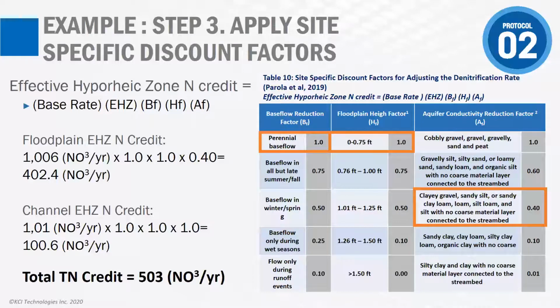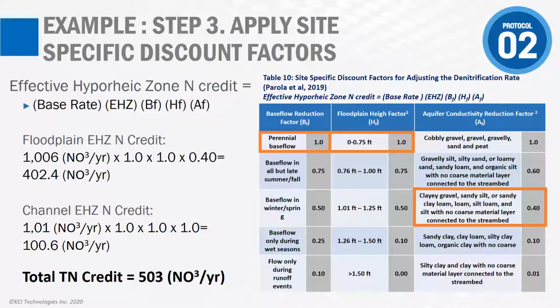So similar to the example that's provided in the guidance, in our example there are no discounts applicable for the base flow condition or for the floodplain height. However, because the soils are dominated by silt loam, the aquifer conductivity reduction factor of 0.4 is applied to the floodplain.